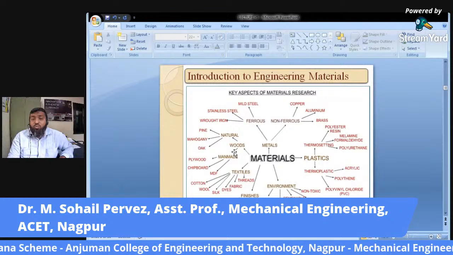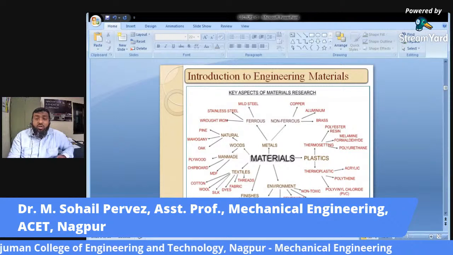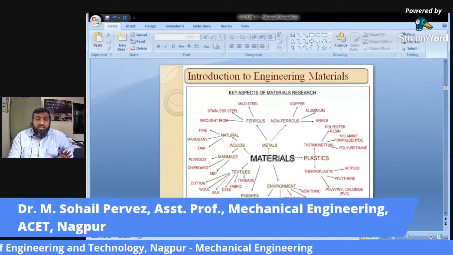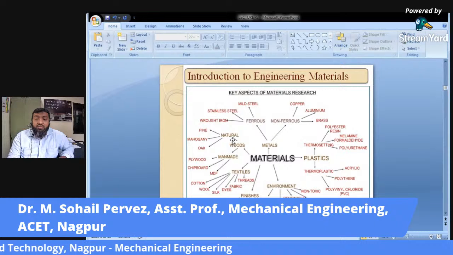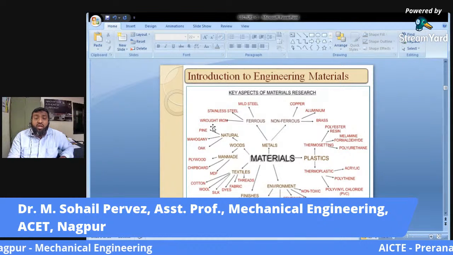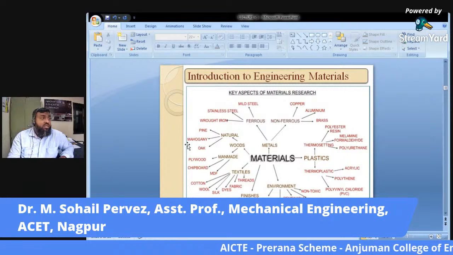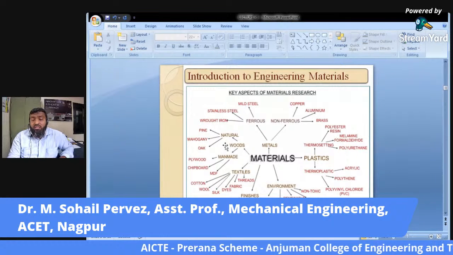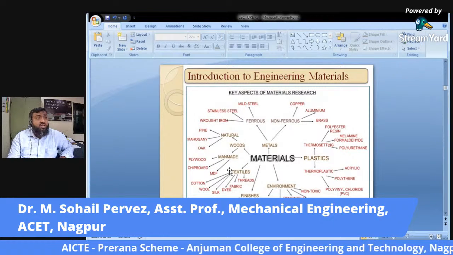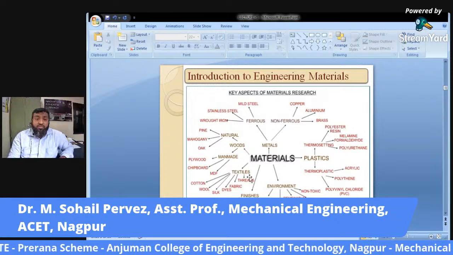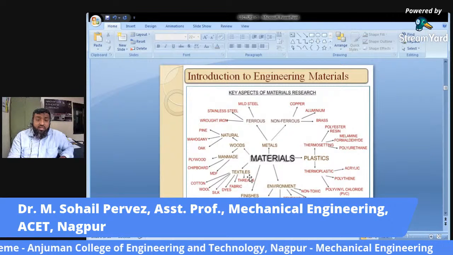The next one is wood. Obviously non-metal, so there's nothing to be written about it. First is natural wood: pine, mahogany, oak. You might have heard the name mahogany. This mahogany tree is very costly. Why?